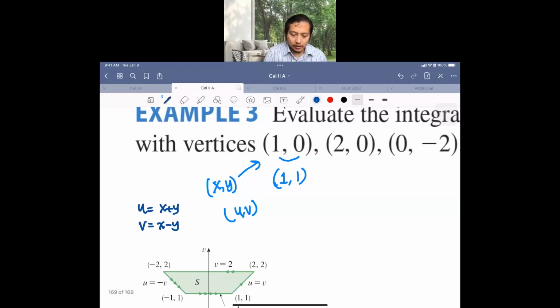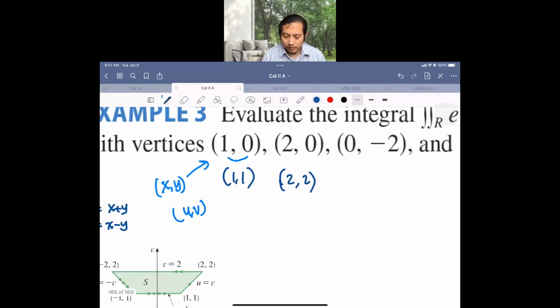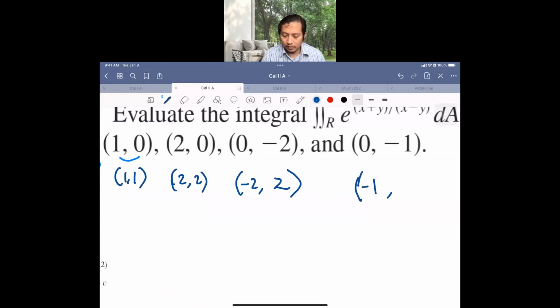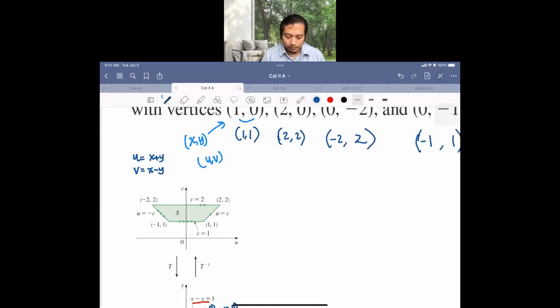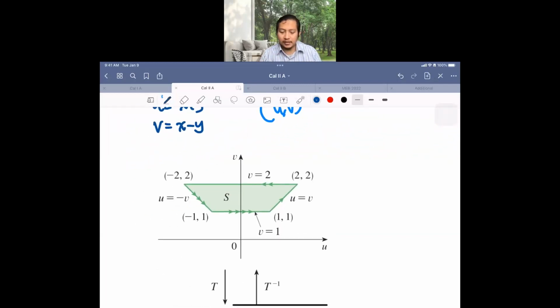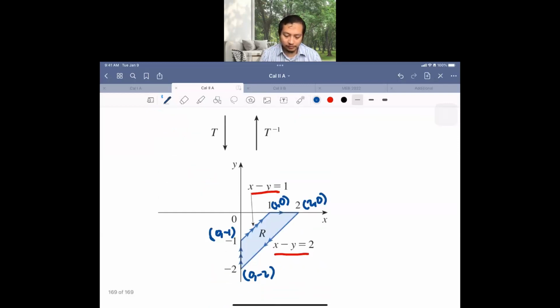So we have, let me change to the same color, (1, 1), (2, 2), (-2, 2), and (-1, 1), right? And then it becomes our new vertices, compared with this one.